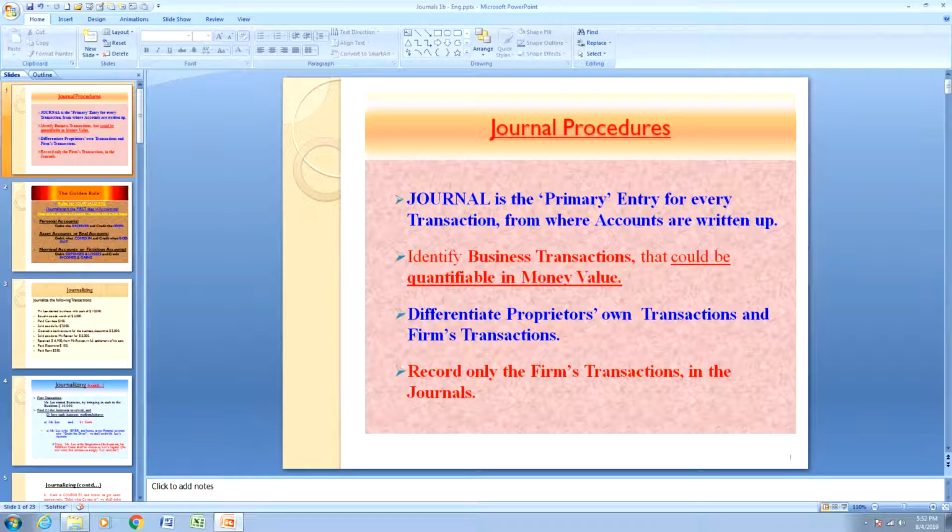Identify business transactions that could be quantifiable in money value. Differentiate proprietor's own transaction and firm's transaction. Record only the firm's transaction in the journals.